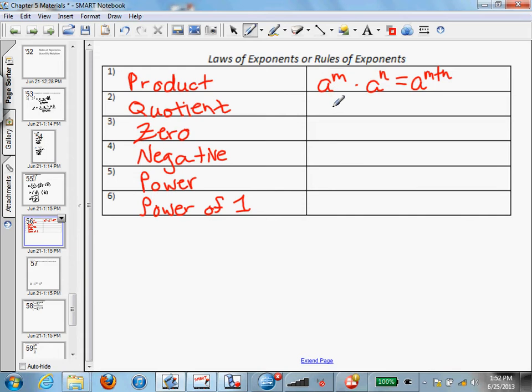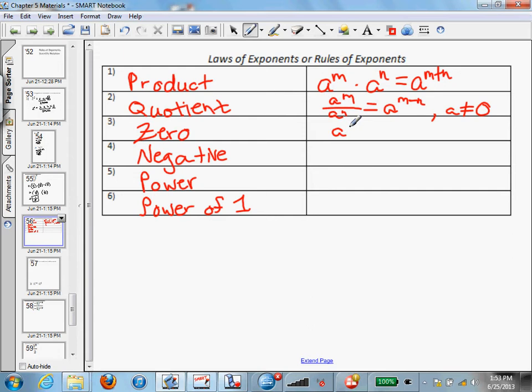With the quotient rule, it's a lot similar, where you have 2 bases dividing each other, hence the quotient, with different exponents. So what you can actually do is keep the base but subtract the exponents. But note that a cannot equal 0, because that would make this fraction undefined.